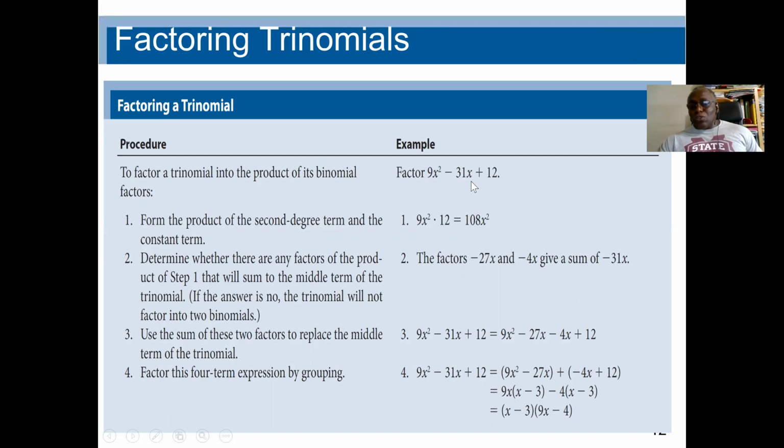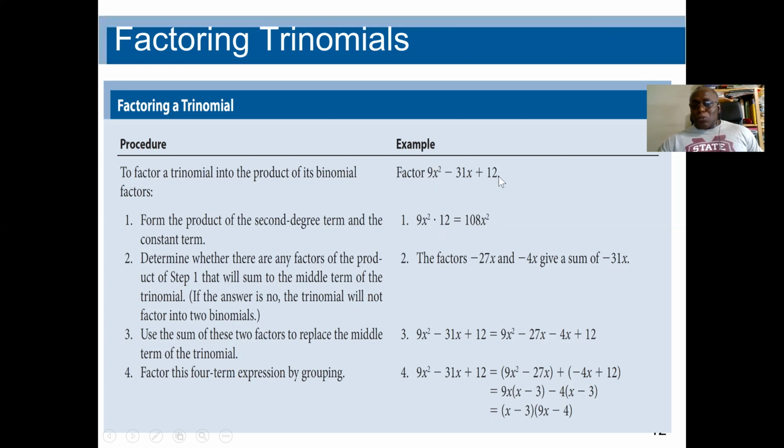If you cannot get the middle value by factorizing 108s squared, then we can't use this technique, and we may try other techniques. If it doesn't work, then we cannot factorize. Sometimes we may have a polynomial that we cannot factorize. It's possible.